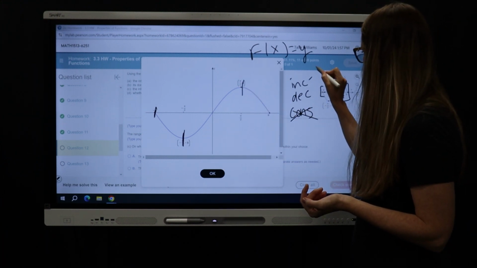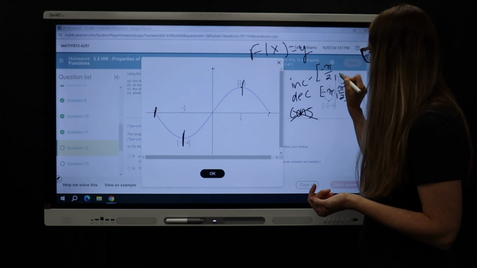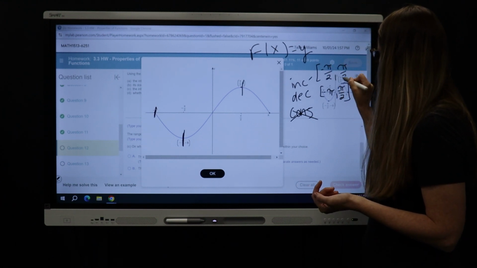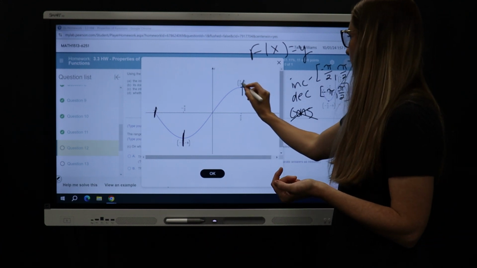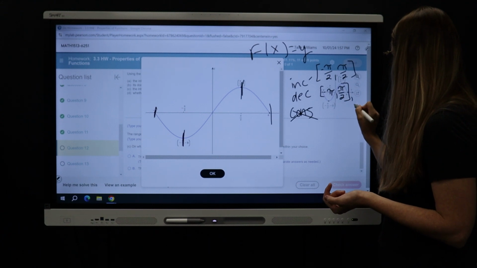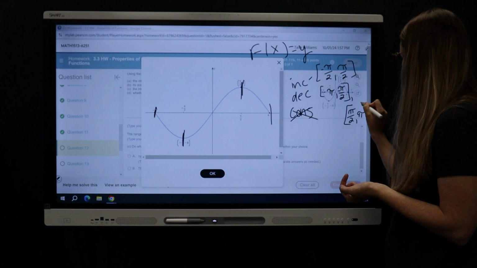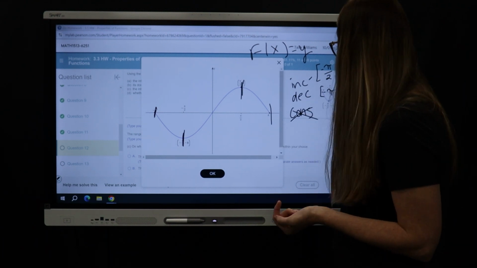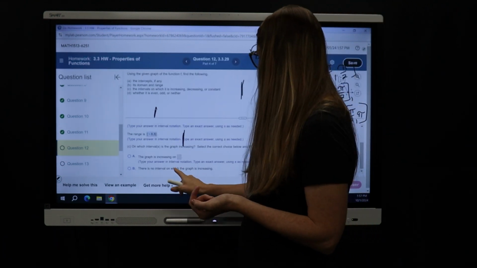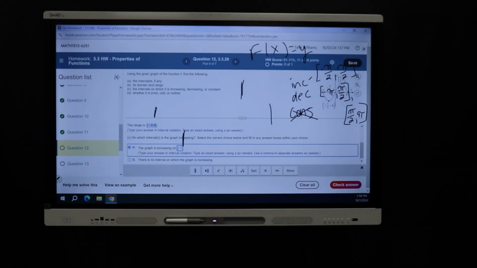So right here we're going to have negative pi over 2 to positive pi over 2. And then from positive pi over 2 to pi, it is decreasing again. So comma, pi over 2 to pi. So this graph is increasing from negative pi over 2 to positive pi over 2.